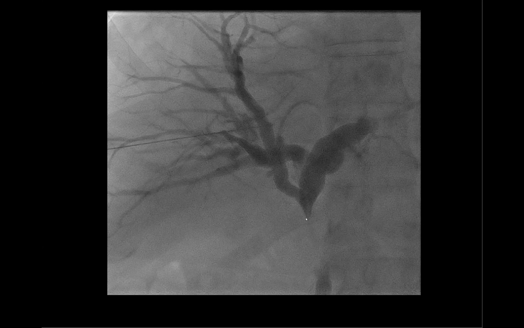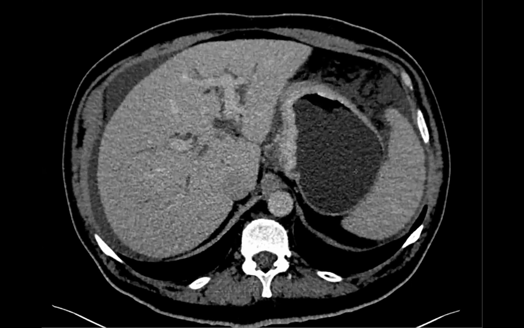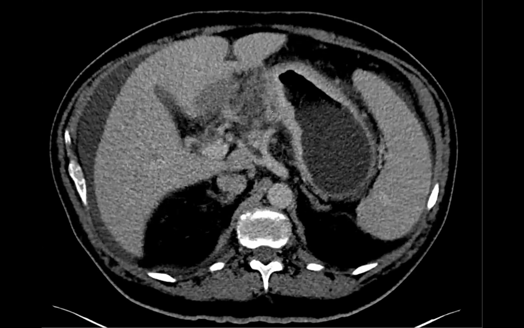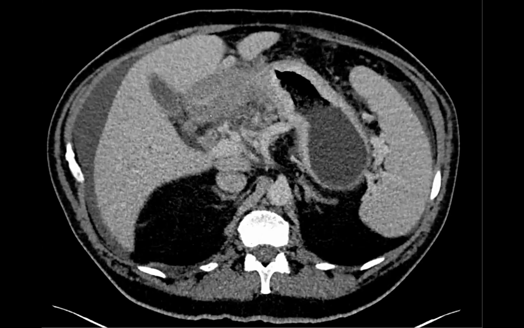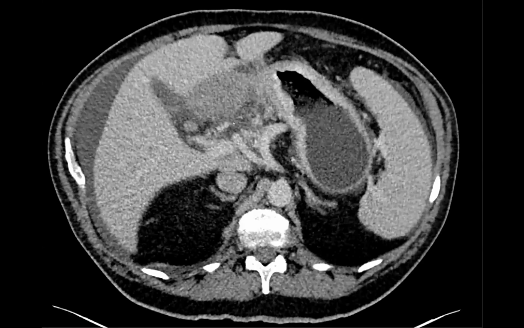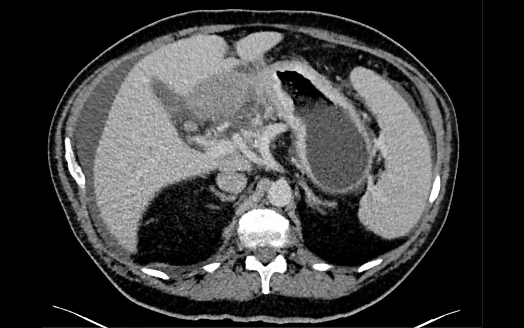This turned out to be a poorly differentiated adenocarcinoma of the stomach. Another type that can do this is signet ring cell. But anyway, I just thought it was a nice example of linitis plastica. In this case, it was creeping over into the hilum, you can see all the soft tissue here, and it was obstructing the biliary ducts right there.